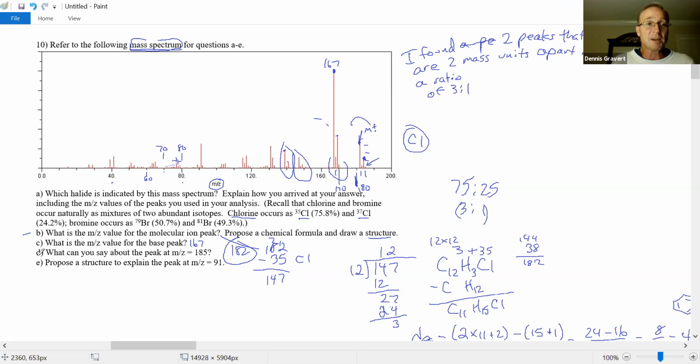So what can we say about the peak at 185? It contains the heavier isotope of chlorine, right? So the parent peak was at 182 because it had chlorine 35. This peak right here at 184 has to have the chlorine 37 in it. And now we're after the peak 1 more mass unit heavier. So it needs 1 more isotope.